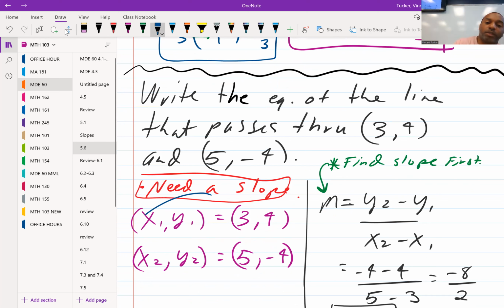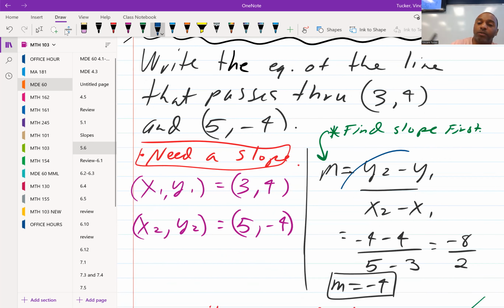So we take our 2 points and label them x1, y1, x2, y2. We talked about doing that before. I just decided to call the first point I saw point 1, and that's (3, 4), x1, y1, and then the second point being point 2, x2, y2, (5, -4). And then we use our slope formula, y2 minus y1 over x2 minus x1, to find our slope. So y2 is -4, y1 is 4, and then x2 is 5, x1 is 3.